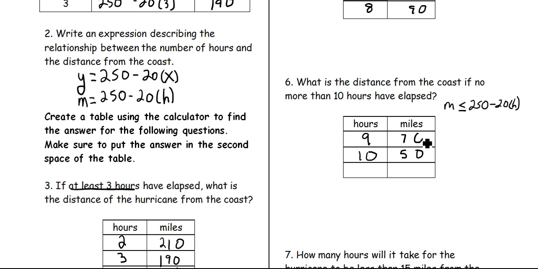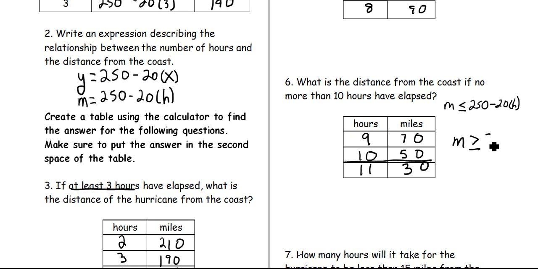And 11 hours, we would be at 30. So we would say that because we're not going to go past 10, we're going to stop right here. We would say that the miles, and in this case, our miles must be greater than or equal to 50.